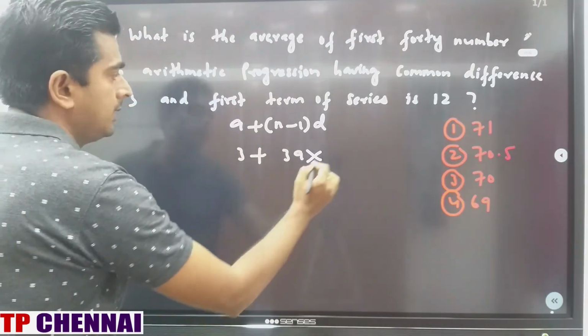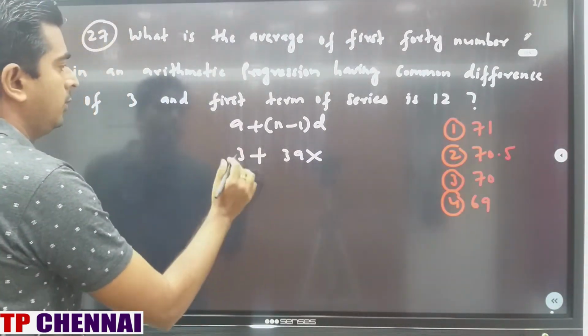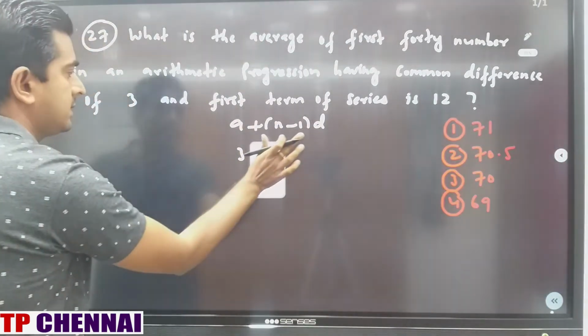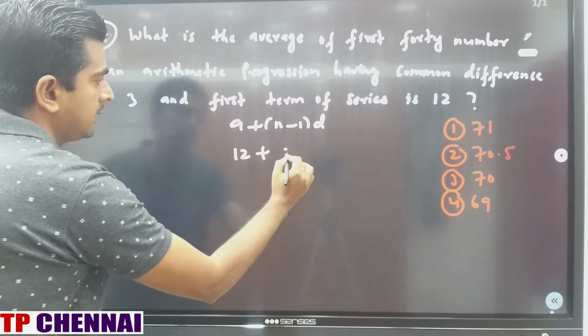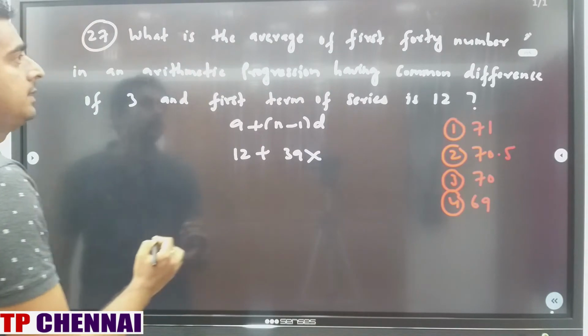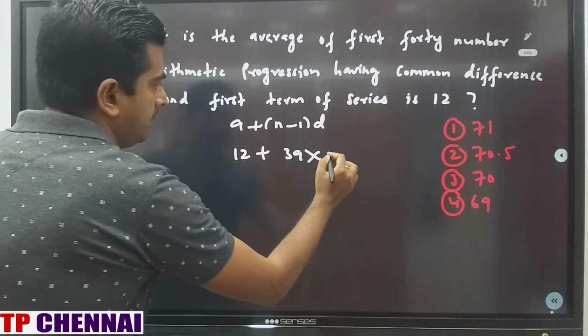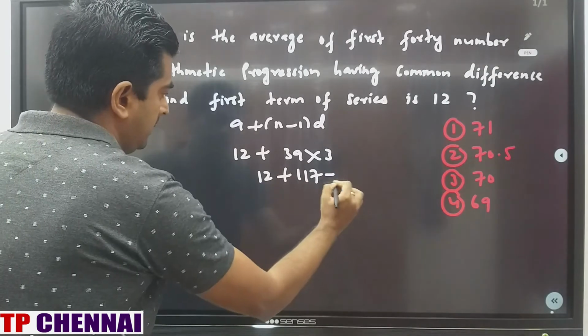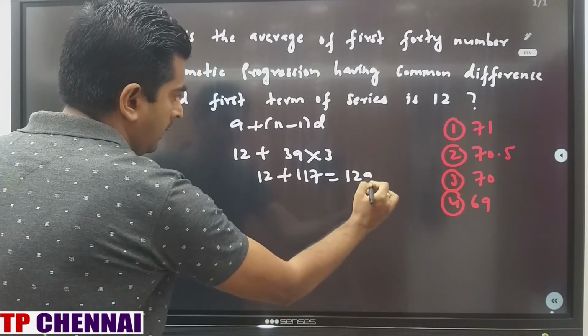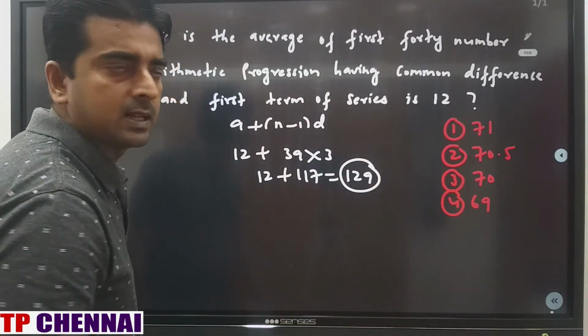And common difference, what they have given you? So A, they have given you 12. First term they have given you 12. This is 39 into common difference is 3. So 12 plus 117, this is 129. This is the last term of the series.